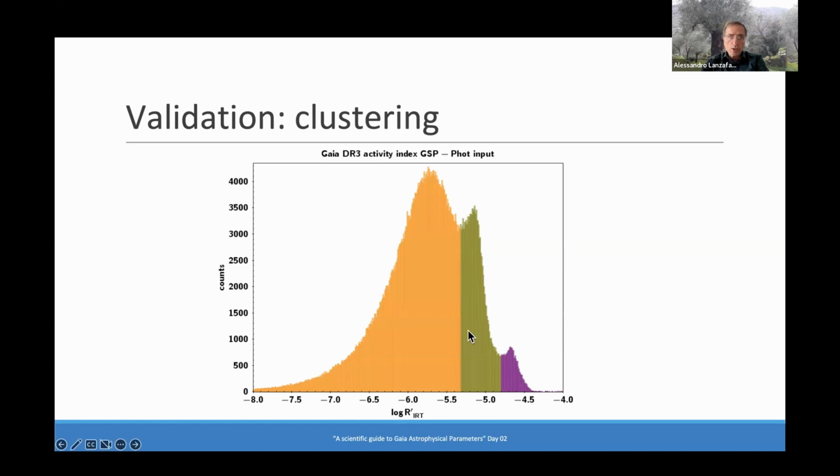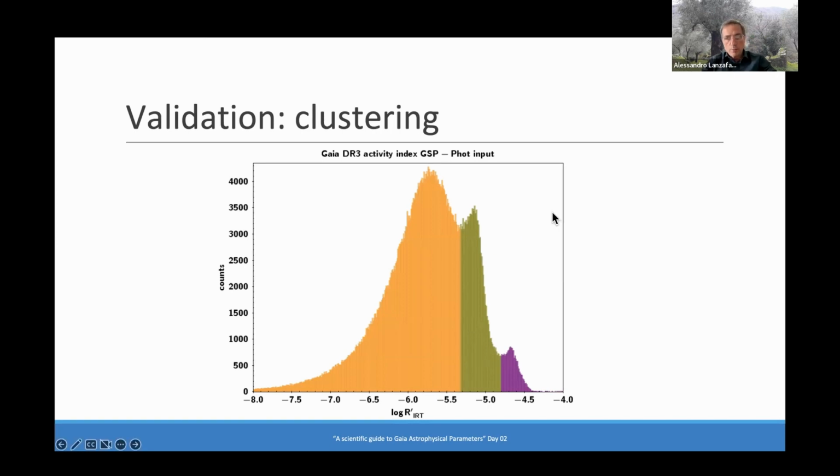This corresponds to high activity, and this to low activity. And this minimum here corresponds to what has been suggested in the literature many years ago, which means a gap which was named the Vaughan-Preston Gap.